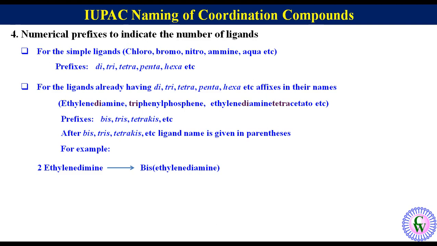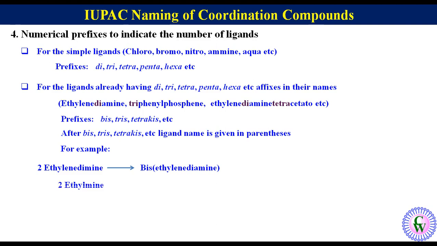If the use of prefixes di, tri, tetra creates confusion, then in that case too, bis, tris, tetrakis are used even though the ligand doesn't have di, tri, tetra, etc. in its name.